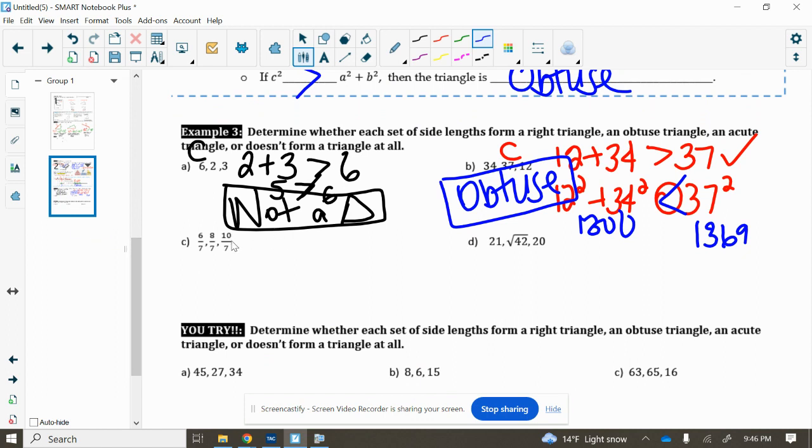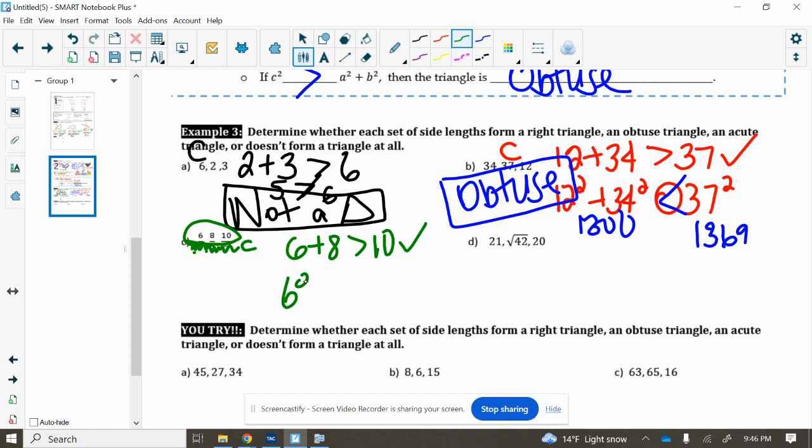Another example, okay, notice on this next one, all three of these actually have the same denominator. They all have 7. So we can kind of ignore this fact because they all have the same denominator. We can just focus on the numerators. And in this case, our c would have to be 10. Now 6 plus 8 is 14. That's greater than 10. So this is a triangle.